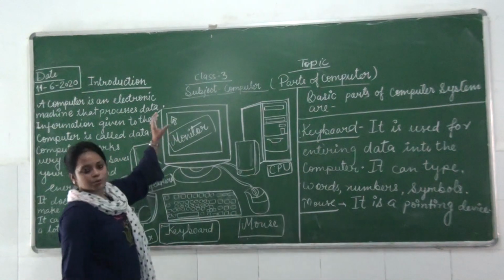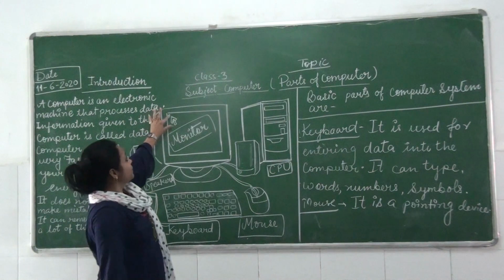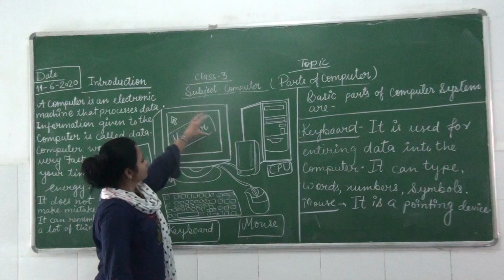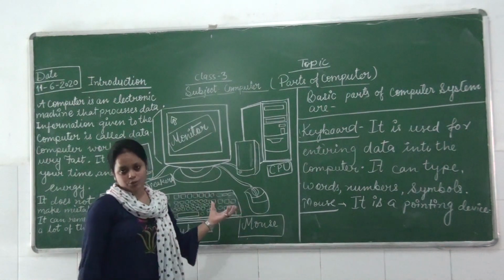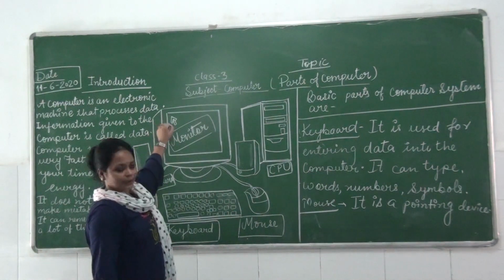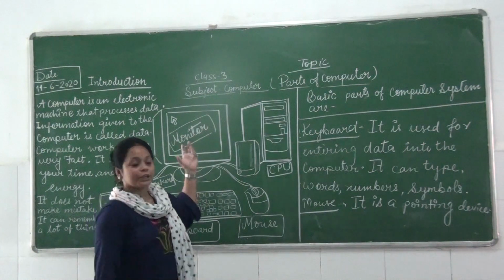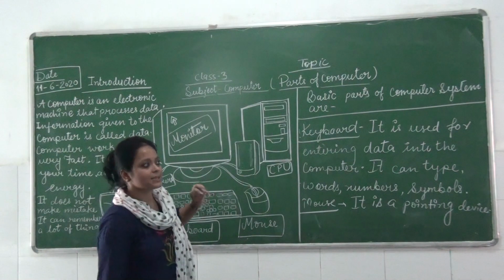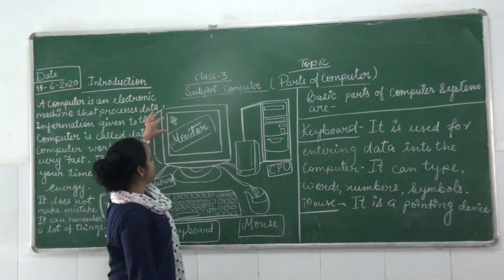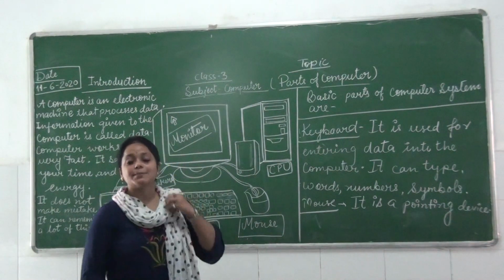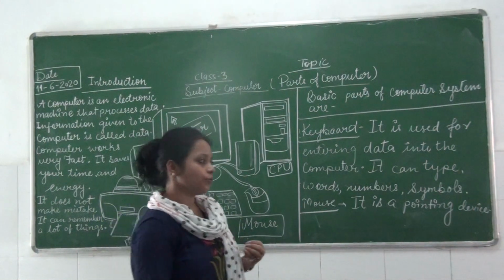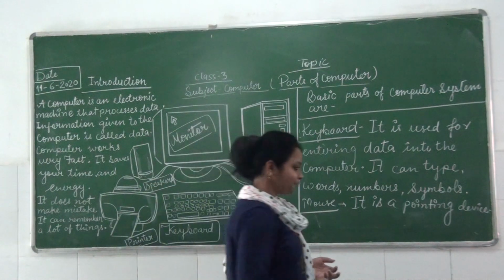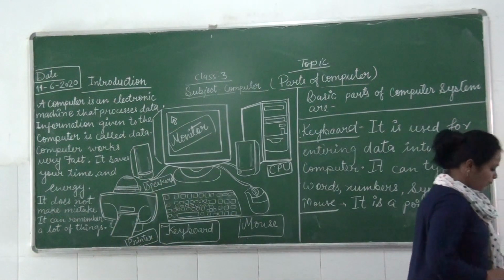This type of arrow you see in a monitor. If we are using the mouse, this arrow shows in the monitor. That's why we call it a pointing device. We click, or this arrow is blinking on the screen, so we know the mouse is working well. So mouse is a pointing device.